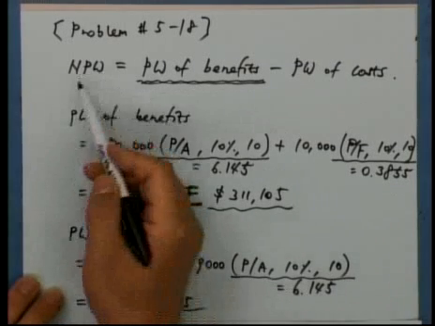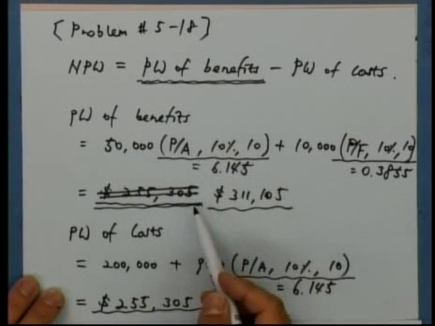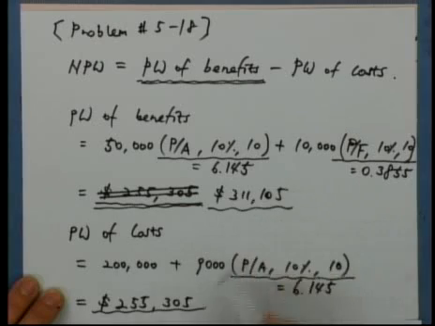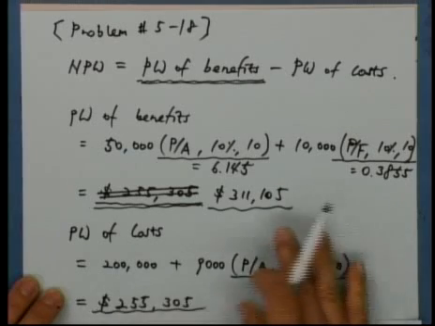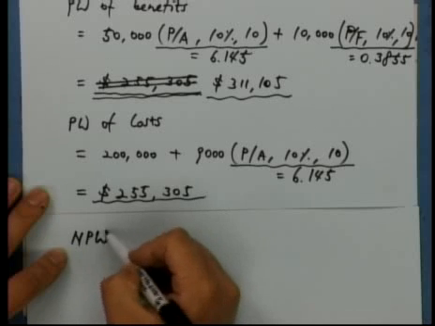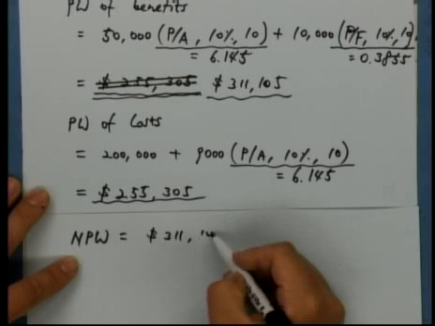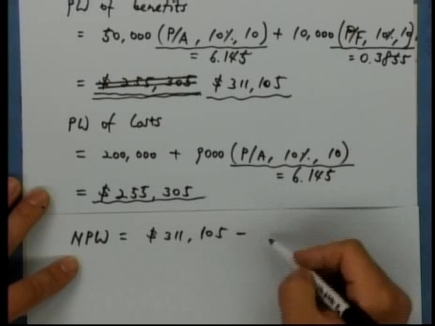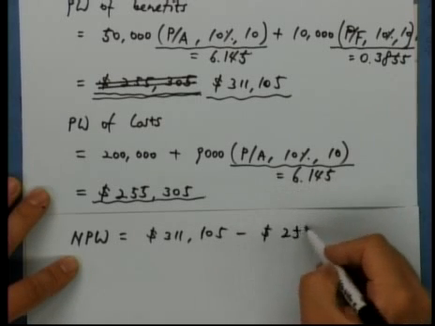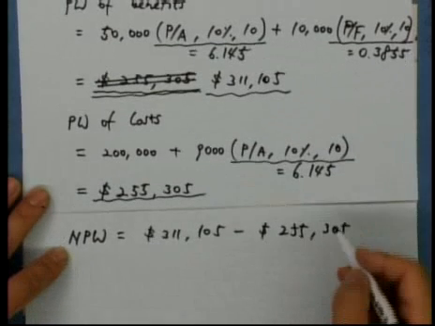So what is your net present worth? Present worth of benefit, which is this, minus present worth of cost. So here you have net present worth is $311,105 minus $255,305.